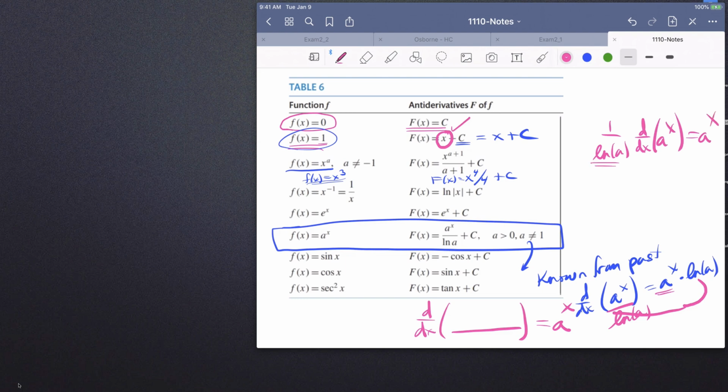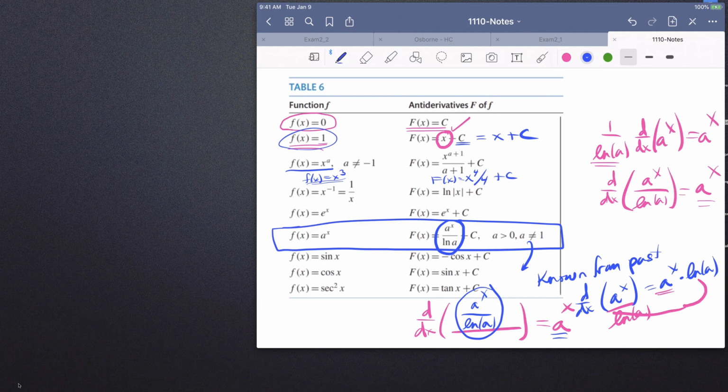Because 1 over the natural logarithm of a is a constant, it can go inside the derivative. Here we have a new equation: the derivative of a to the x over the natural logarithm of a is equal to a to the x. That tells us that a to the x divided by the natural logarithm of a is an antiderivative of a to the x. And because you know this one antiderivative, you can add any constant onto it, and that will also be an antiderivative.